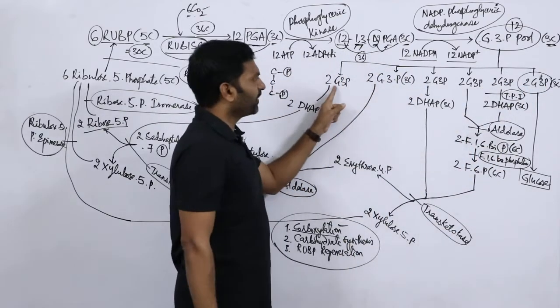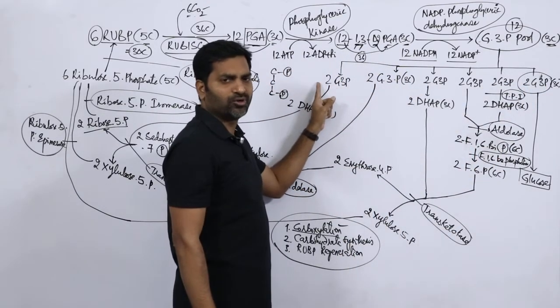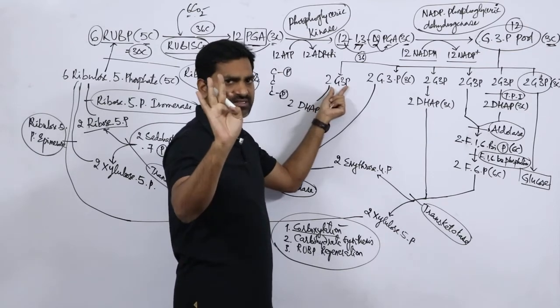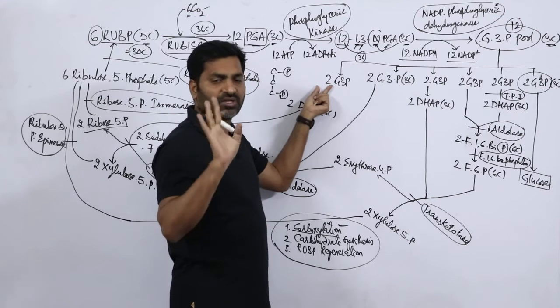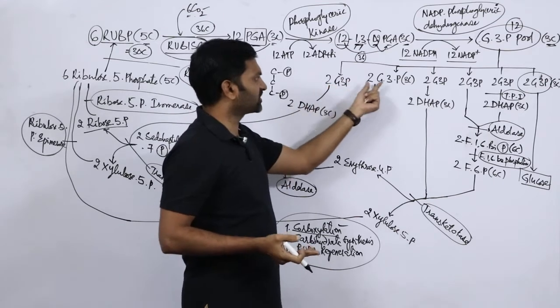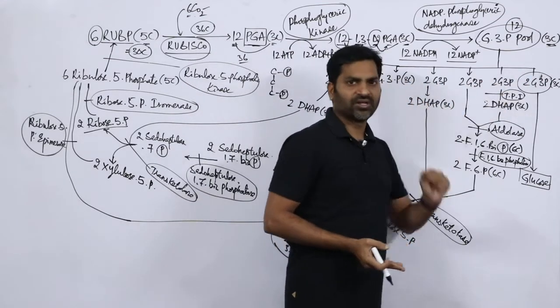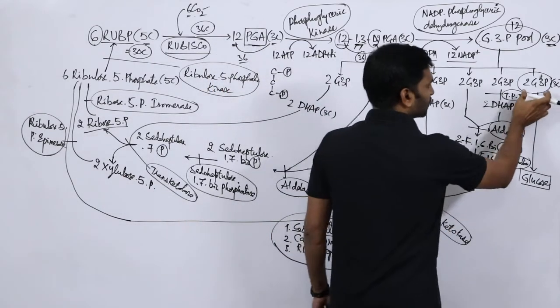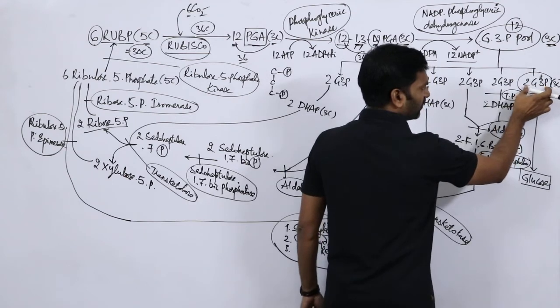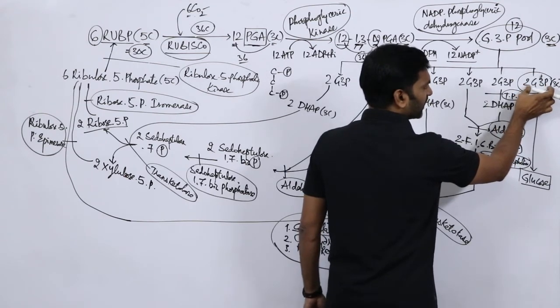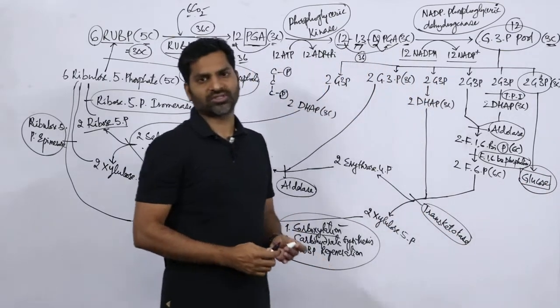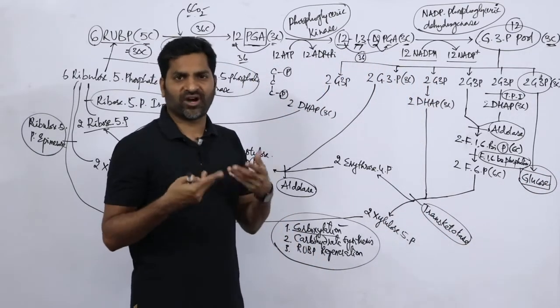Every pool contains 2 moles, and every glyceraldehyde phosphate has 3 carbons, so 3 into 2, 6. 6, 6, 6, 6, 6, 6, the total will be 36. Out of these, 2 molecules of glyceraldehyde 3-phosphate are finally converted into glucose, nothing but carbohydrate formation.